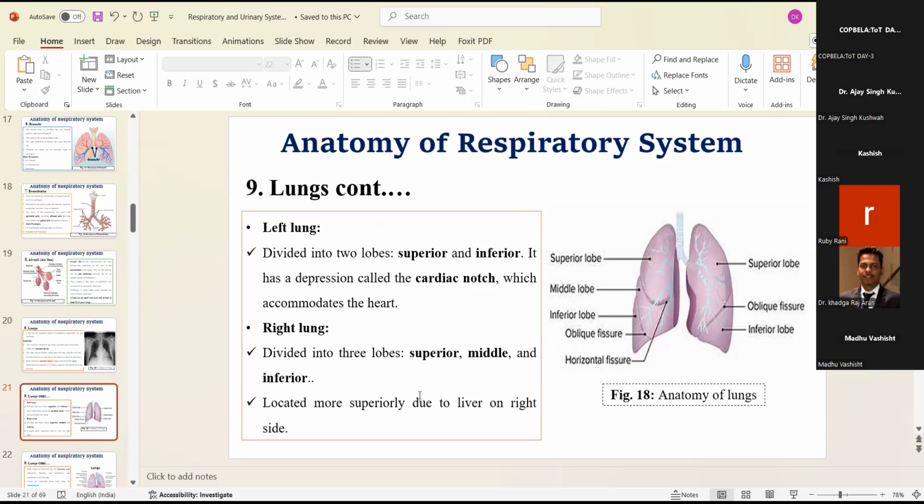The right lung consists of three lobes: superior, middle and inferior. This is very important, and sometimes students get confused about which lung has two lobes and which has three. So remember: the left has two lobes and the right lung has three lobes.